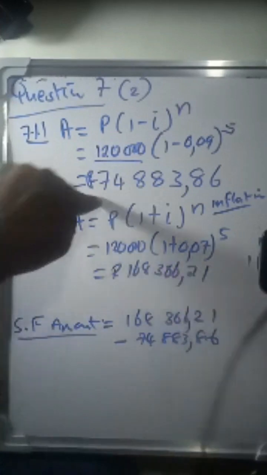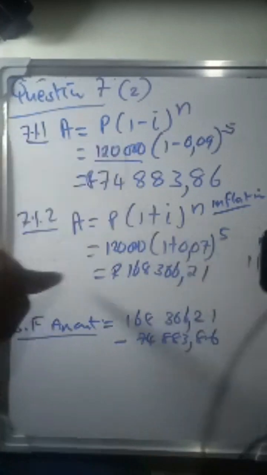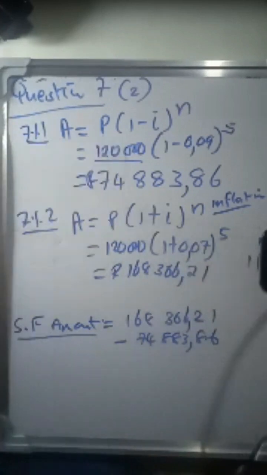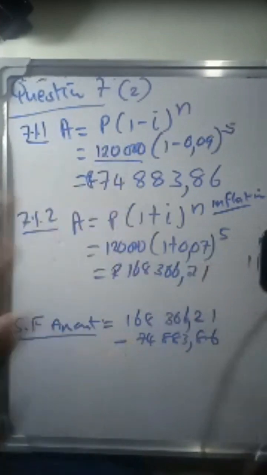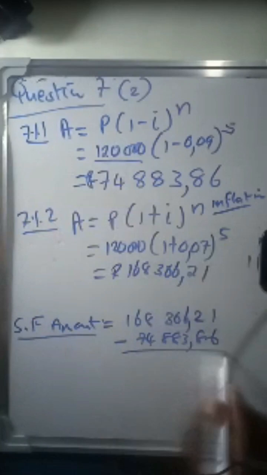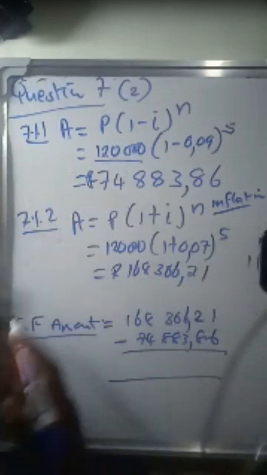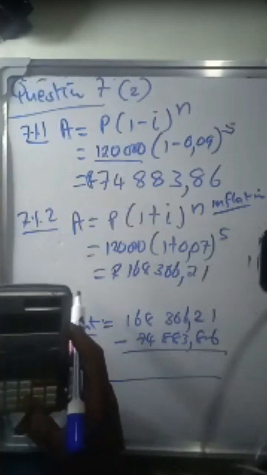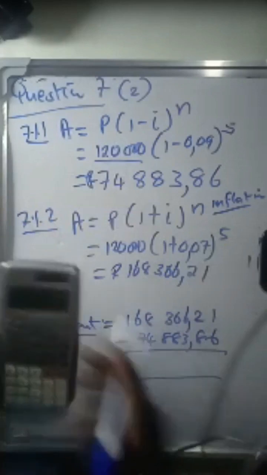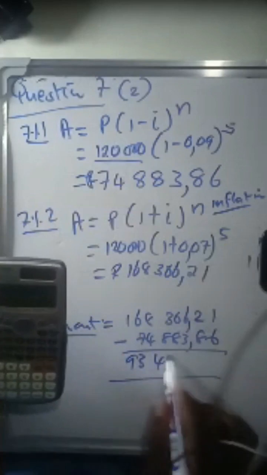Because we are going to sell this machine, then add the money into the account so that we can get this amount. Take the two amounts, go to the shop and buy a new machine. So how much are we going to get? 74,883.86, we're going to get something like 93,422.